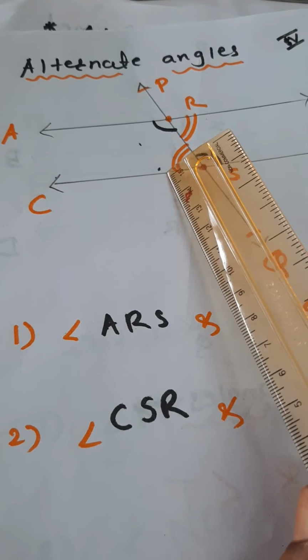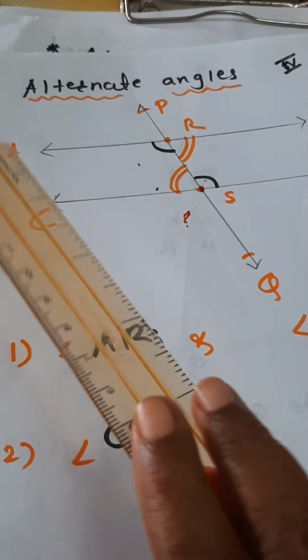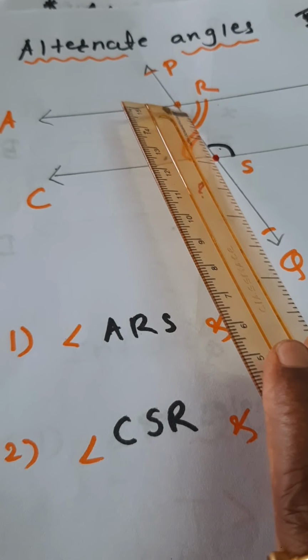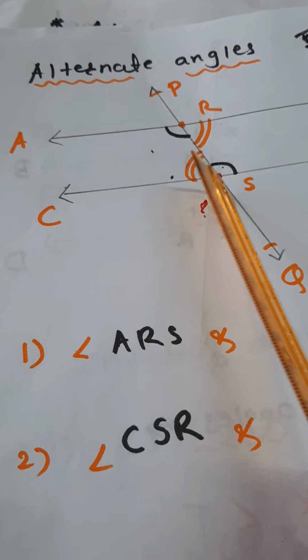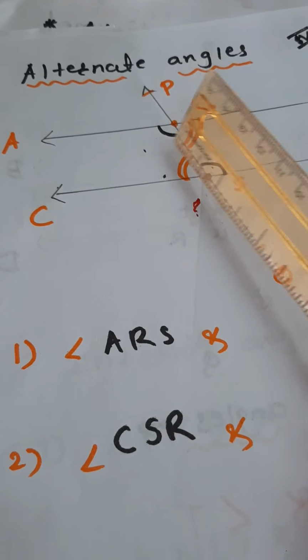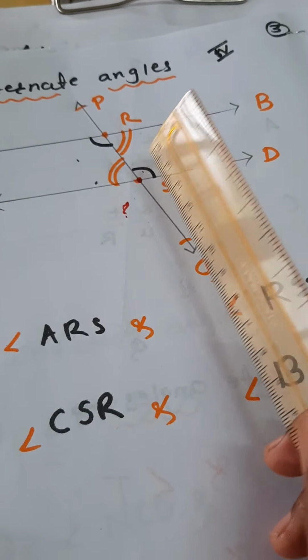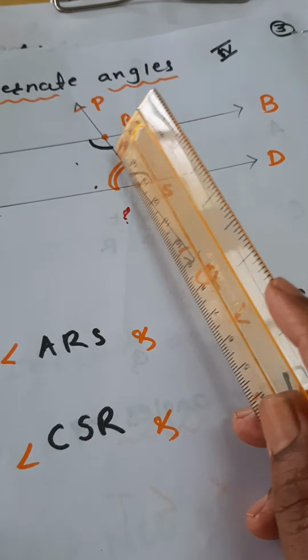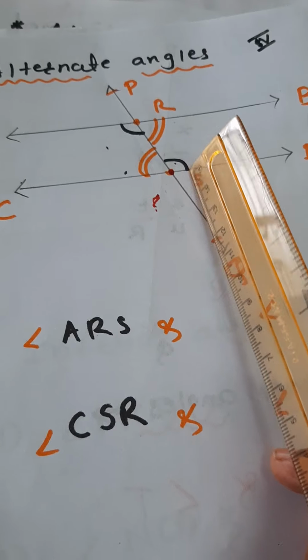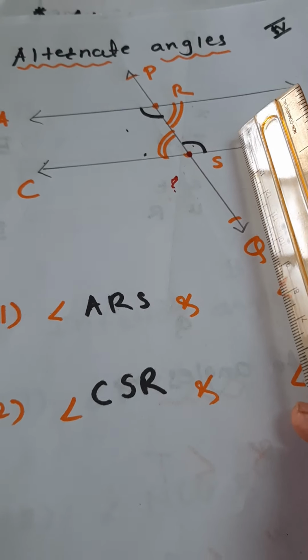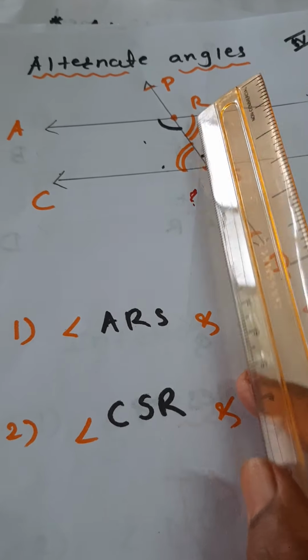Similarly this and this. Now let's see its name. Angle ARS. Come down side. An alternate angle of this angle, RSD, where the angle is formed, that letter should come in the middle. Okay, got it?